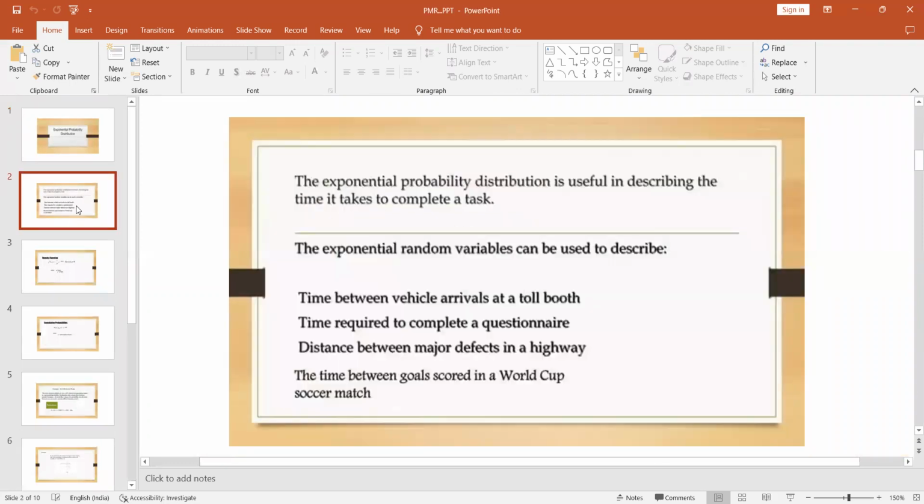As we see, the exponential probability distribution is useful in describing the time taken to complete a task.